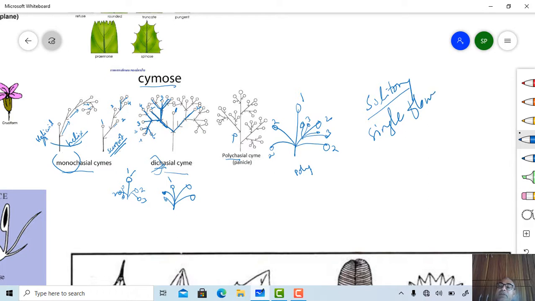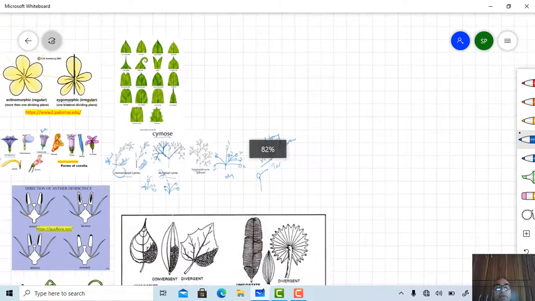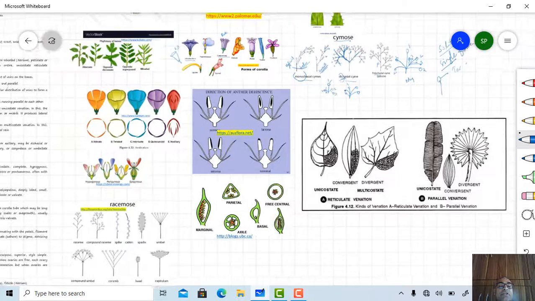If a single flower represents the entire inflorescence, then it is called solitary, and this single flower may be present at the apical or terminal position or axillary position, and the names given are solitary axillary, if the single flower is present at the axillary position, or if it is present at the apical position, then it is called solitary terminal. So this is about the types of cymose inflorescence.